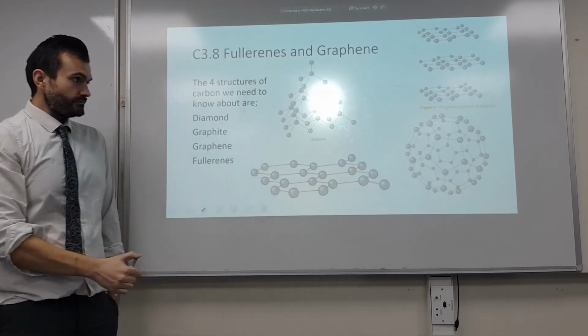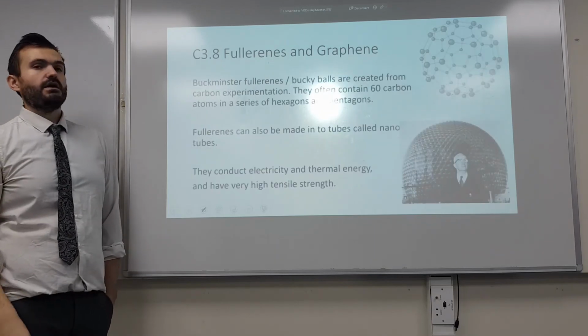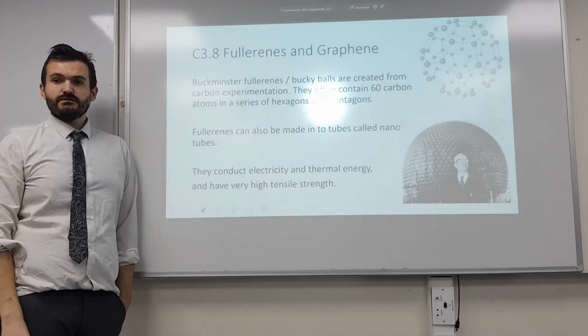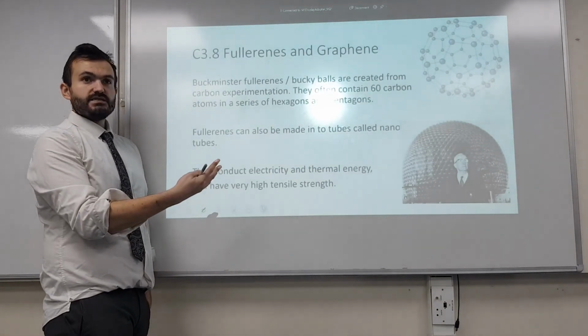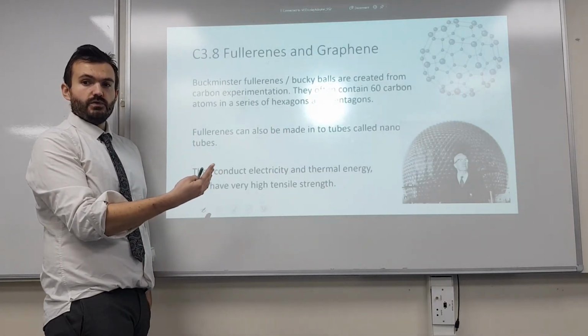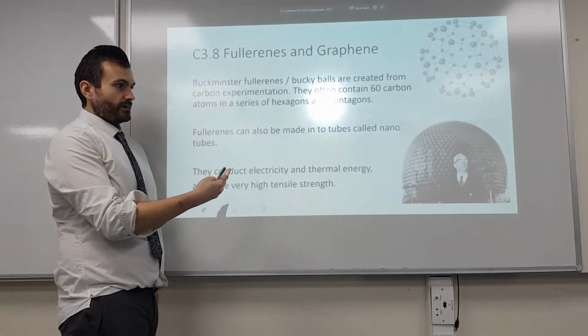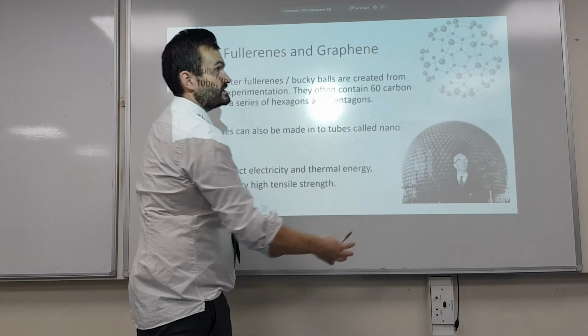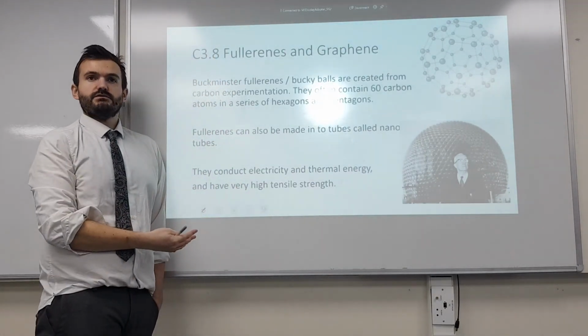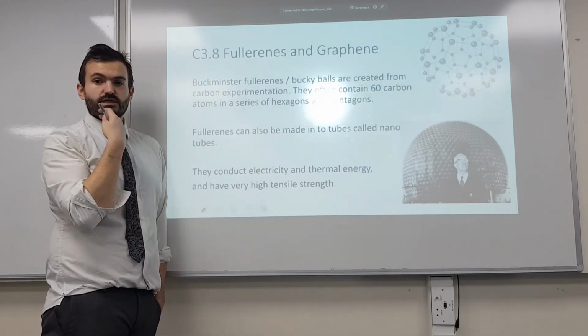Our fullerenes started off with C60, and when it was discovered it was like a series of pentagons and hexagons put together like a ball, and because they looked similar to structures by an architect called Buckminster Fuller, they were called Buckminster Fullerenes. So they're named after an architect.